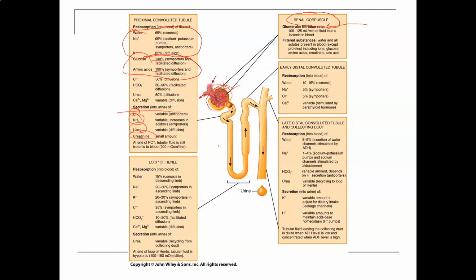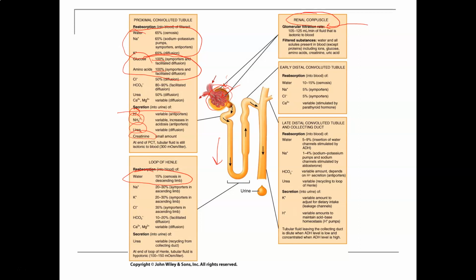Okay, then we get to the loop of Henle. In the descending limb, one of the main things, and I'm really simplifying this, I'm just picking out the main events, is additional water reabsorption. Because humans have, especially our juxtamedullary nephrons, really, really long loops of Henle, that allows us to make very concentrated urine.